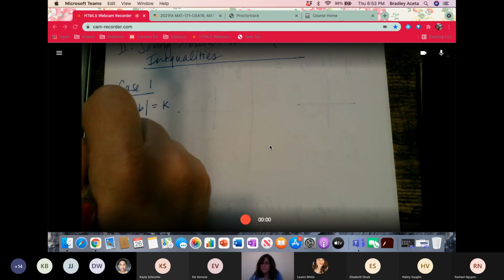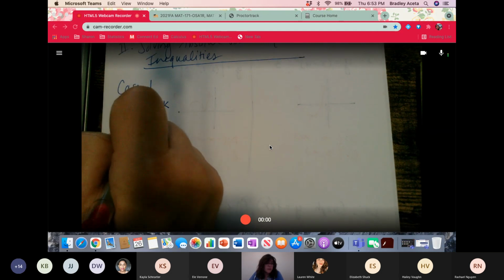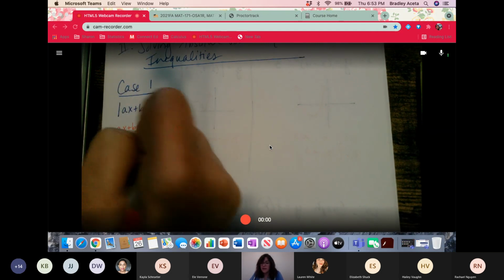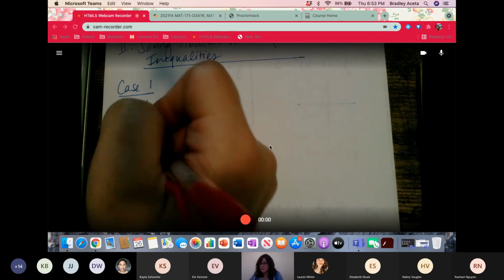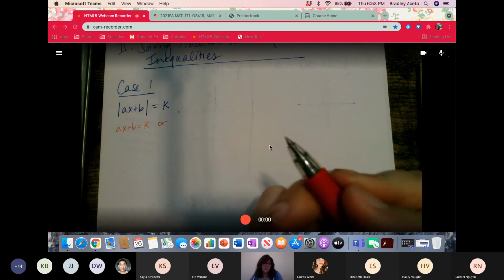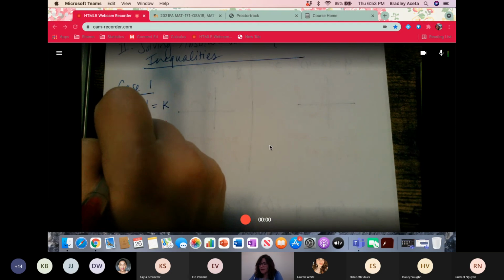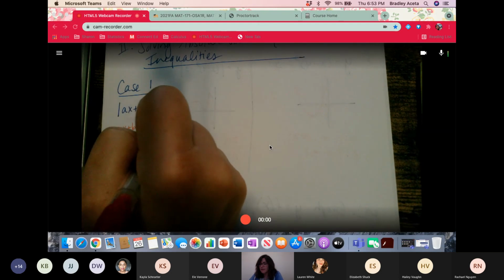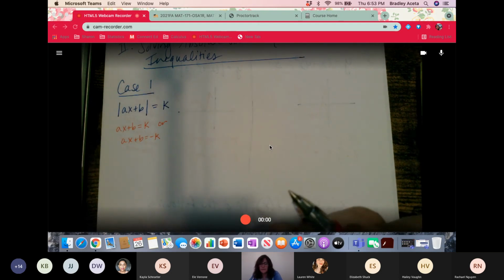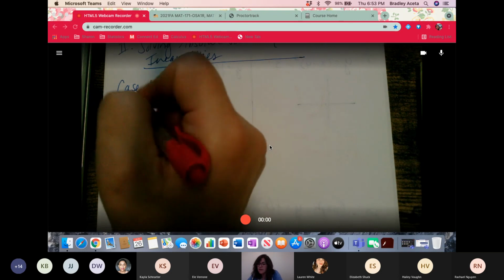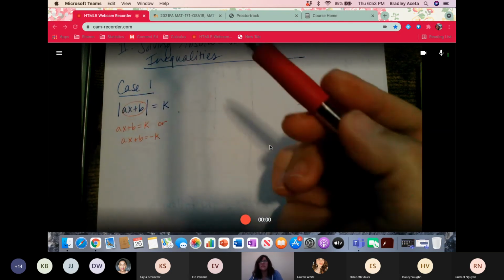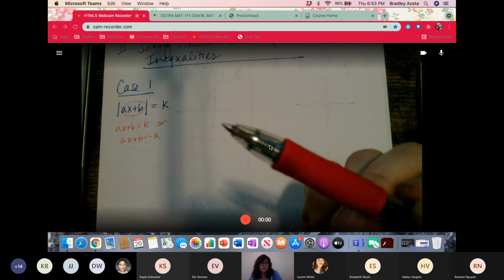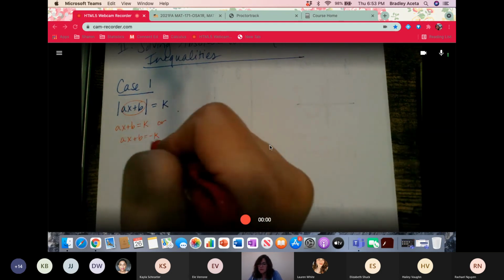So the ax plus b could equal k itself. So you kind of just drop the bars. Or the ax plus b could equal a negative k. Why is that so? Because if this right here equals negative k, and I take an absolute value, it becomes k again.